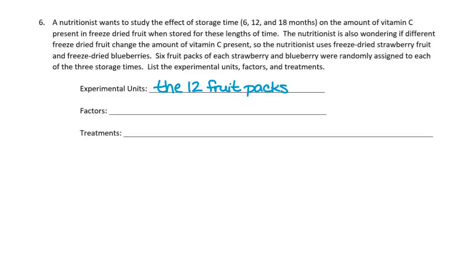assigned. The factors. What are the things that are being controlled or manipulated by the experimenter? That is being controlled. The researcher is able to say you only get so much vitamin C and you get a different amount of vitamin C. Storage time. What else?